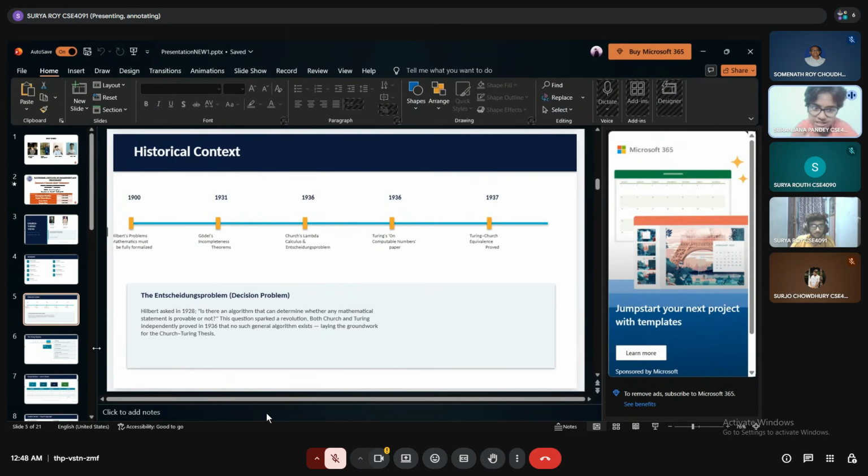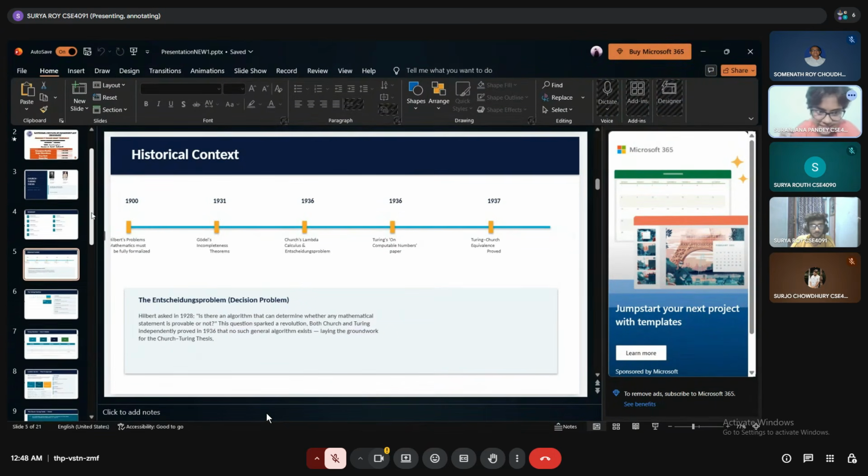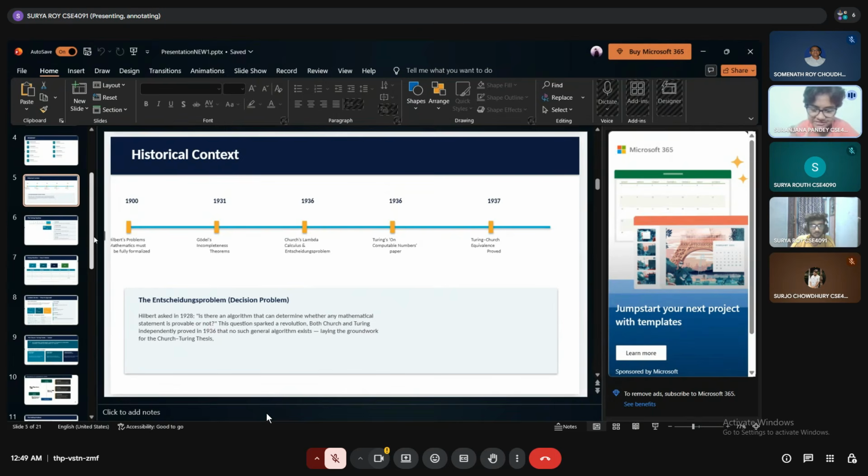Church produced the lambda calculus paper on the decision problem, and Turing gave the paper on computable numbers, which is basically the theory portion of this entire machine. Then there was this particular question that was very famous. It was given by Hilbert, which asked: is there an algorithm that can determine whether any mathematical statement is provable or not? This was solved by Turing and Church in 1937 with the equivalence. Next slide, please.